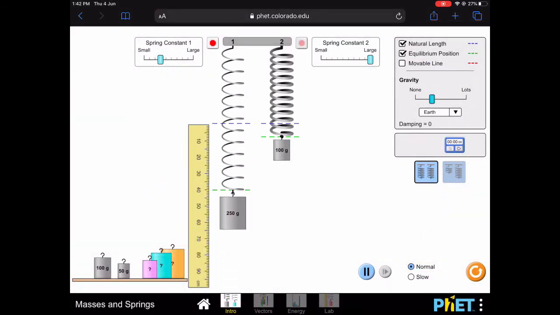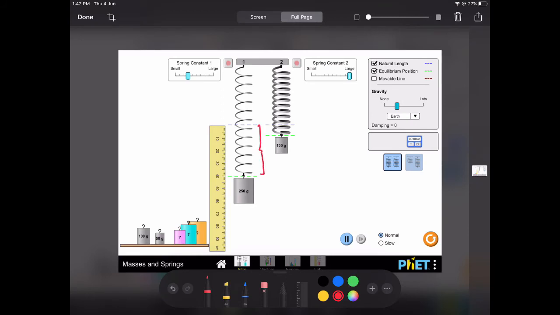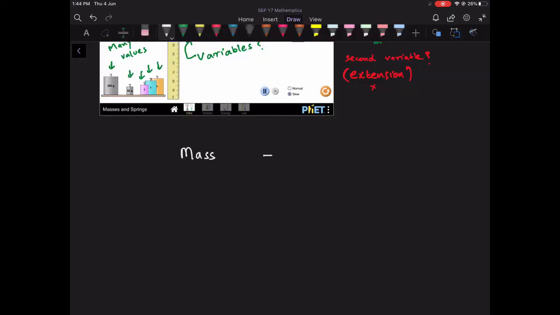And for a 250-gram mass, we have an extension of 40 centimeters. Let's write that down. 50 grams gives 8 centimeters, 100 grams gave 16 centimeters, and 250 grams extended the spring by 40 centimeters. Do we see a relation there?